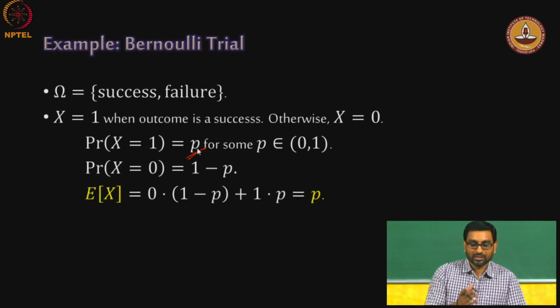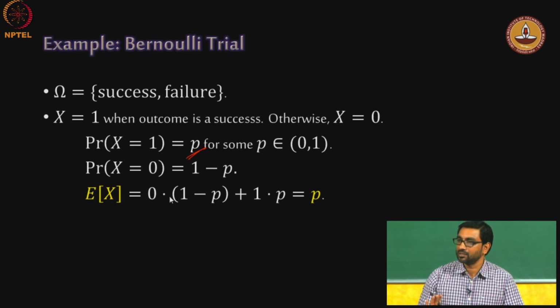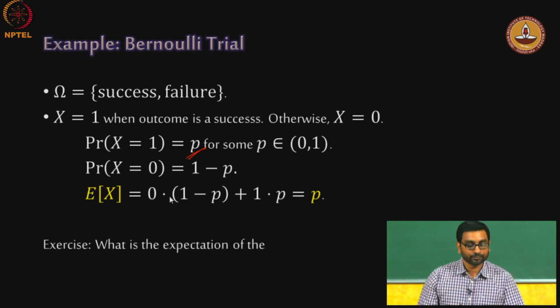So, what is the expectation? It is very simple. You take the individual values: 0 comes with the probability weight of 1 minus p, and 1 occurs with probability weight of p. When you sum them up, you get p, and this is your expectation of the random variable x.